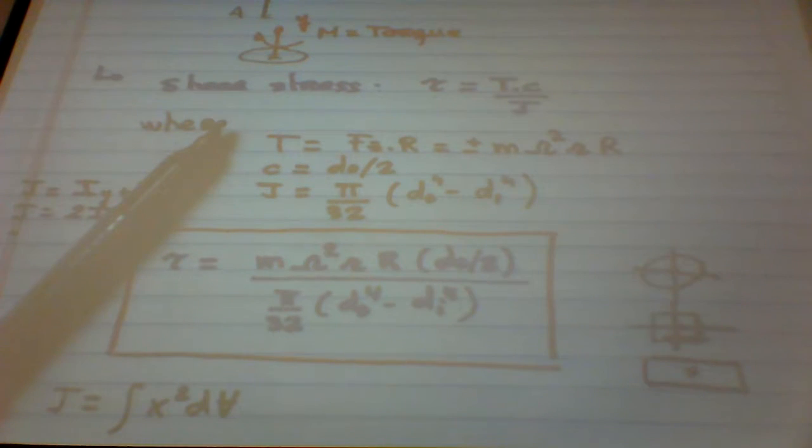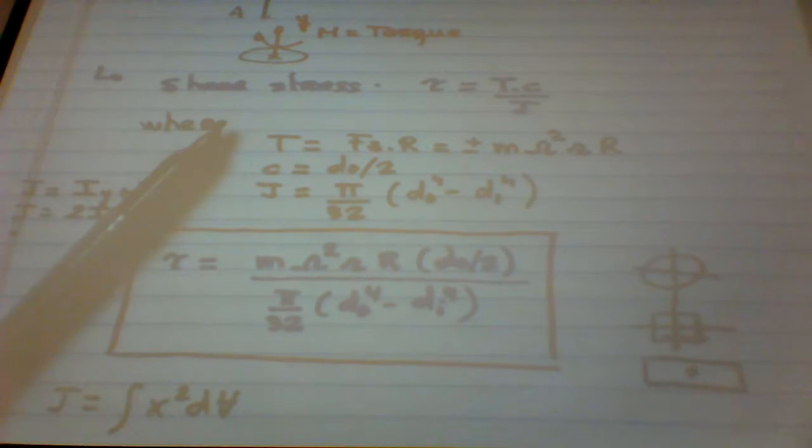For a circular cross-section, the x and the y vary at the same rate. But for something not circular, the x and the y are not going to vary at the same rate. So there's really no way to find the J value for something which is not circular.